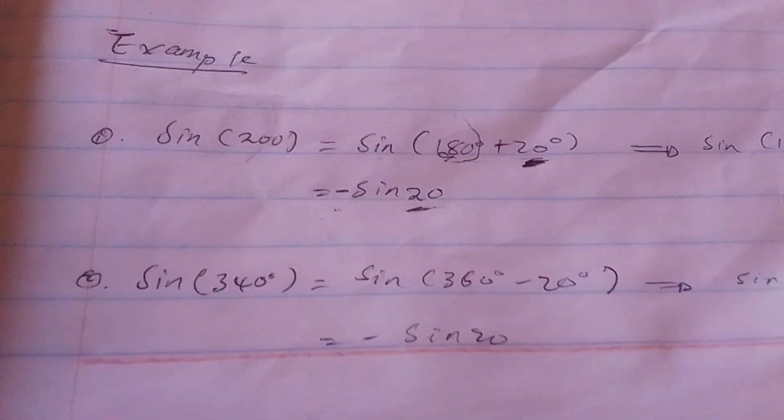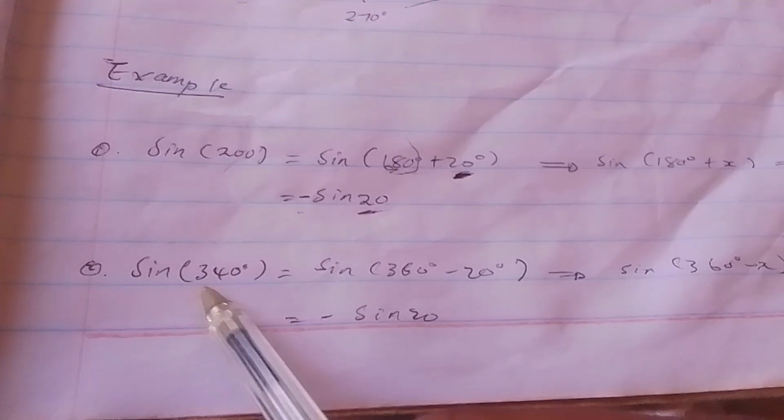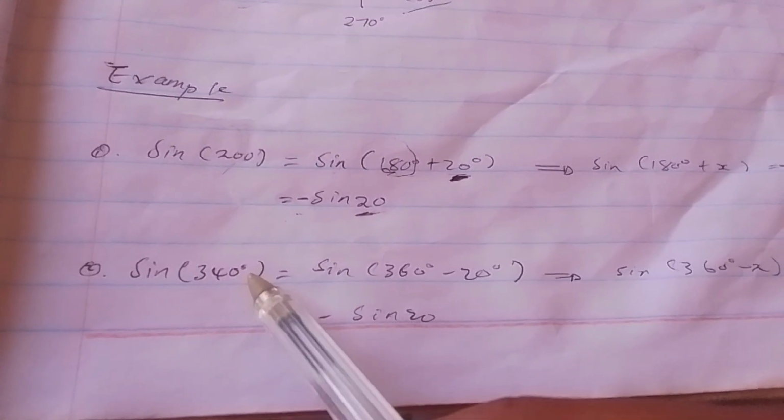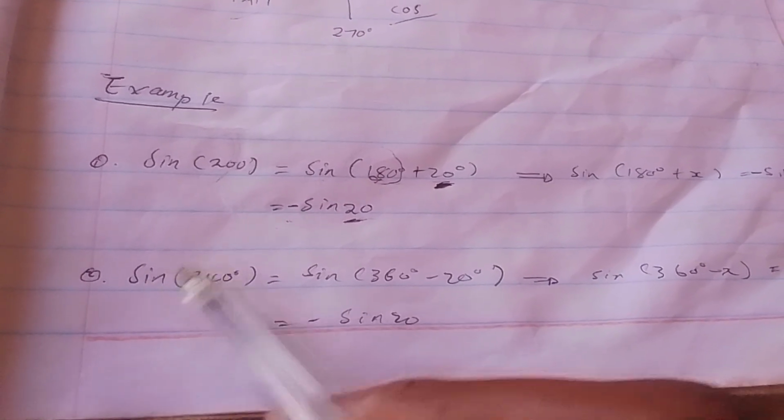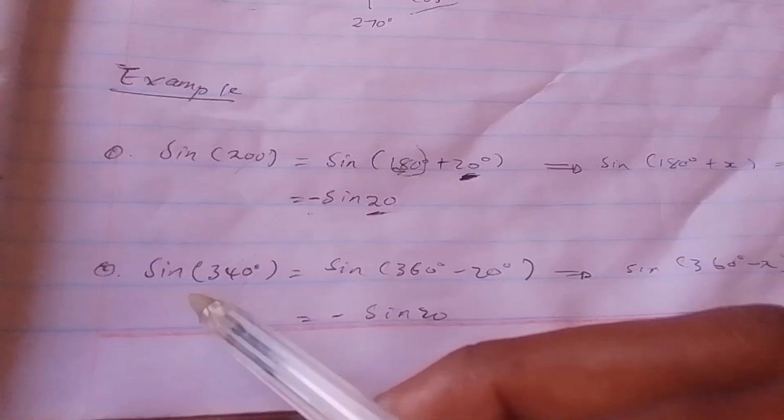So now we have sine 340. You are going to look for the angles that will make up this one. You either add or minus an angle. So 340, you can see this one is near 360. So you just subtract.